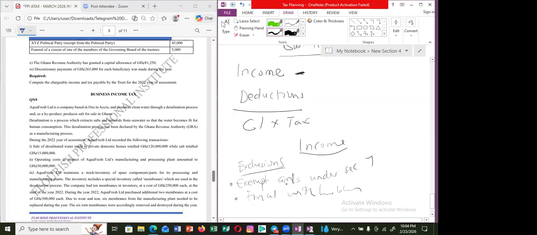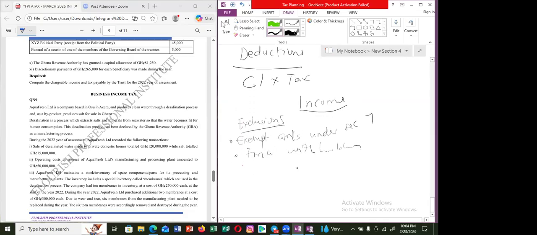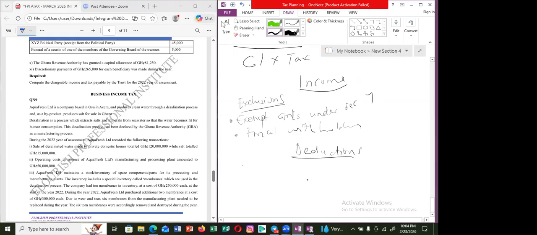Now deductions. Not everything is allowed as a deduction from income. Are you getting it? Deductions are classified into about 3 or 4 major types. They are governed by 3 or 4 major rules. You have the general deduction rule, which is under section 8. We have the residual deduction rule, which is under section 9.